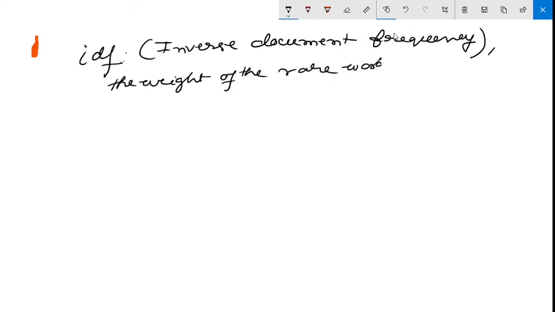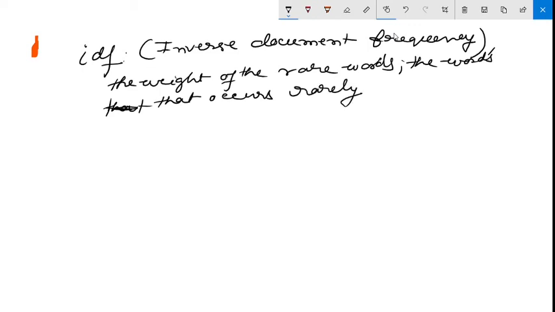That means the words that are not that frequent, the words that occur rarely in the corpus.